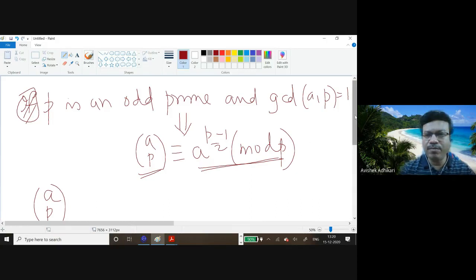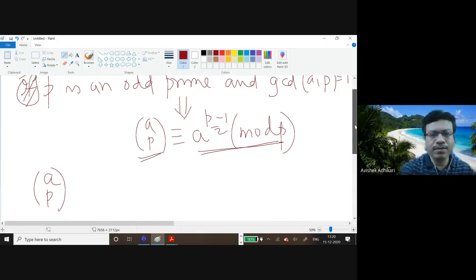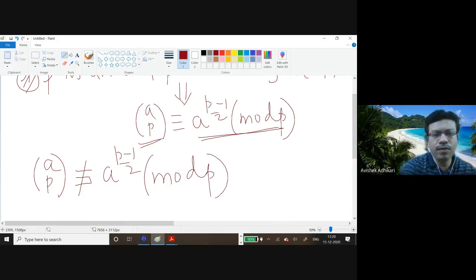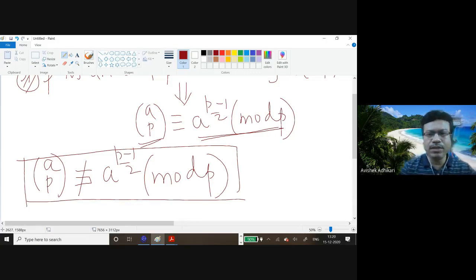Now, if by any chance you found this, where you have no idea whether P is prime or not, but you know that (a/P), that means you start with, say, the Jacobi symbol, and you found that this happens, what will be your conclusion?